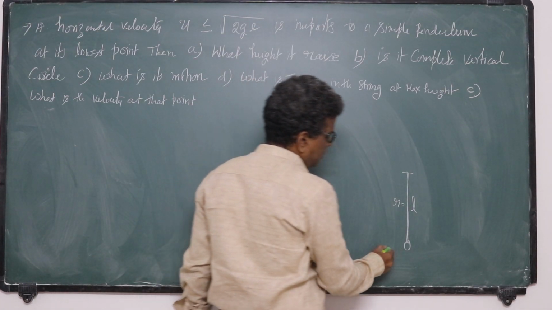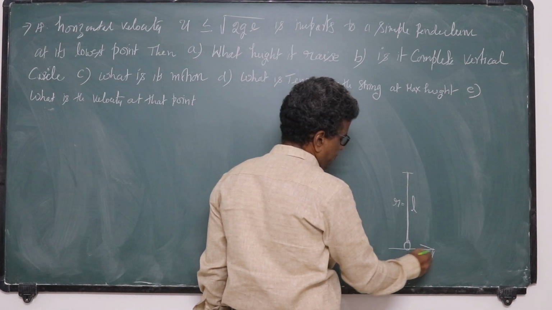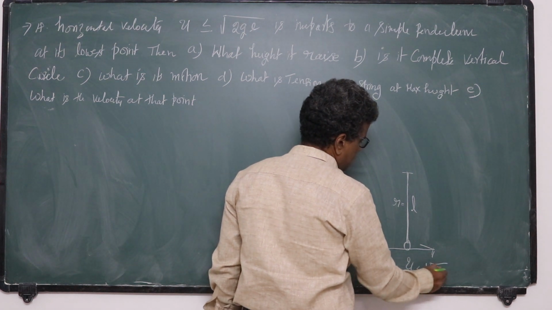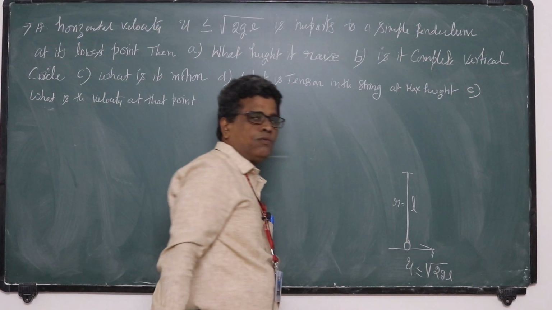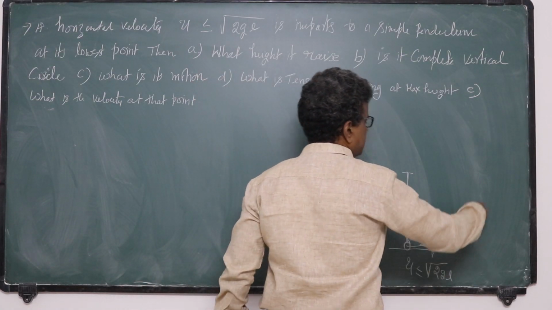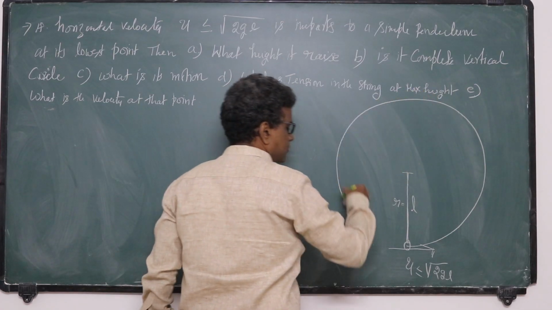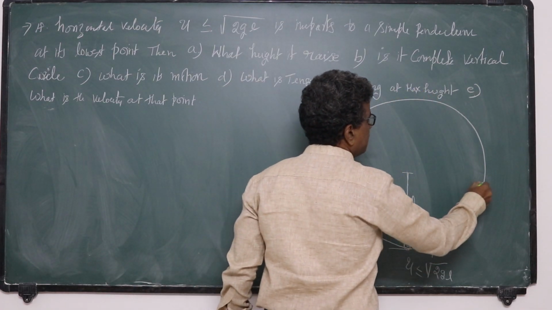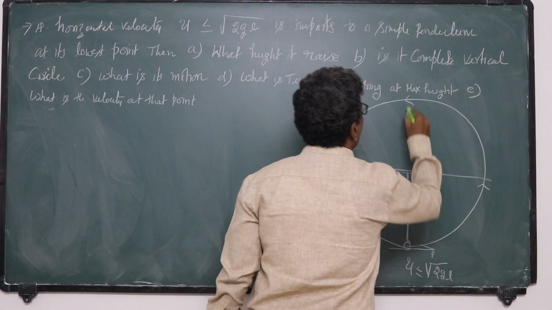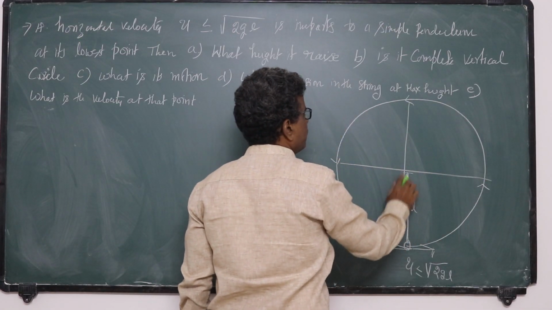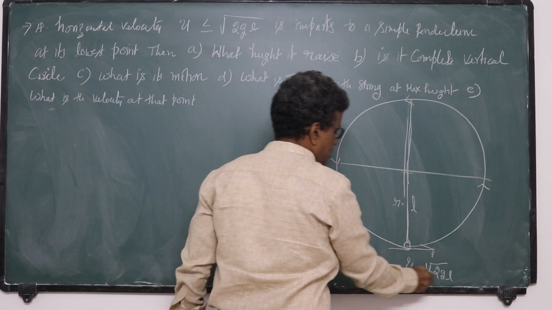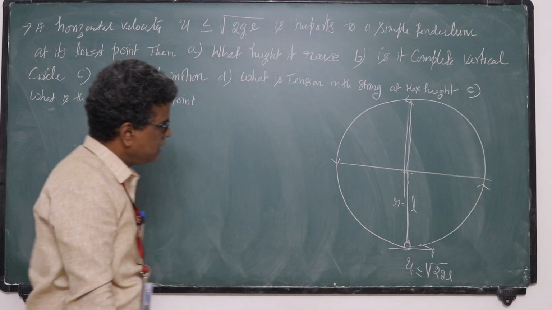A horizontal velocity u is imparted, and its value is less than root 2gL. So what height will it rise? Is it a complete vertical circle? That is the question. For that question, the answer is no. To complete a vertical circle, it requires a velocity at the lowest point of root 5gl.